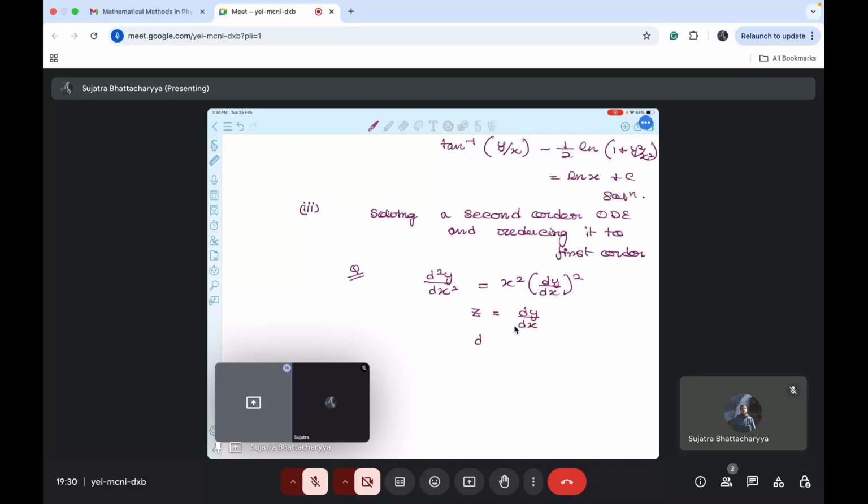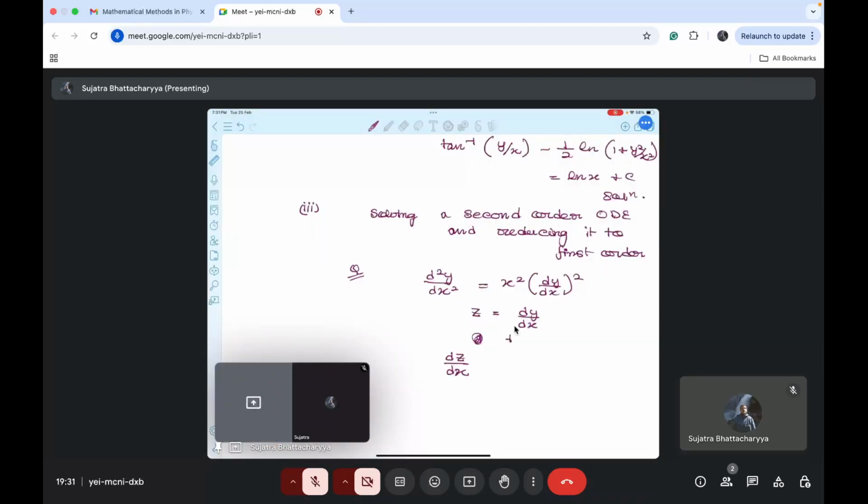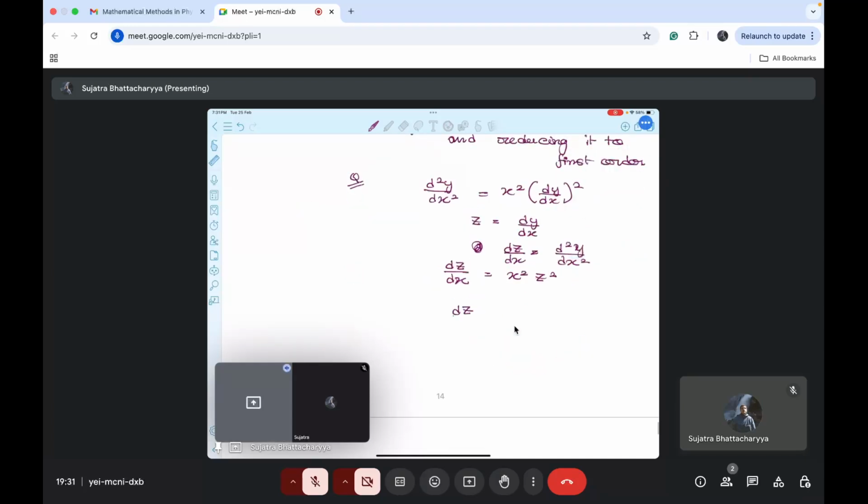So dz by dx is nothing but the d by dx of this, which is nothing but this. So I can write this as x squared and z squared. So dz by dx is equal to x squared z squared.